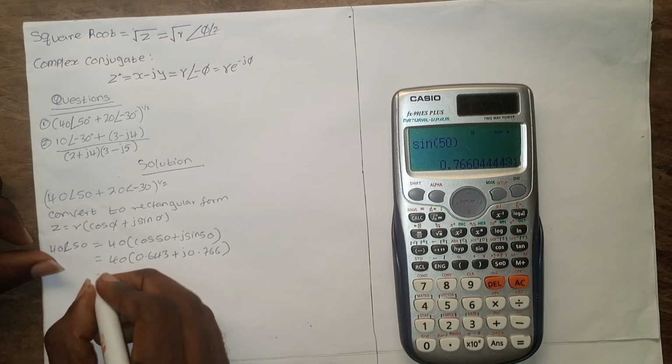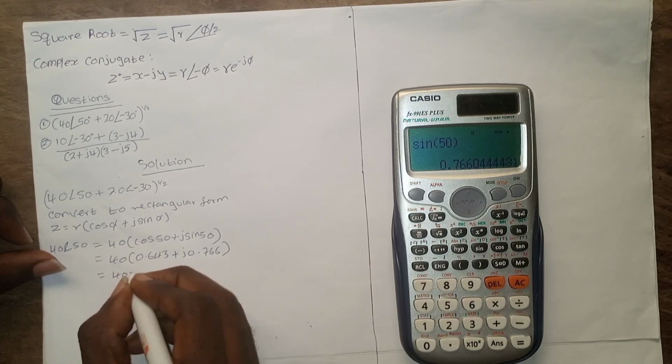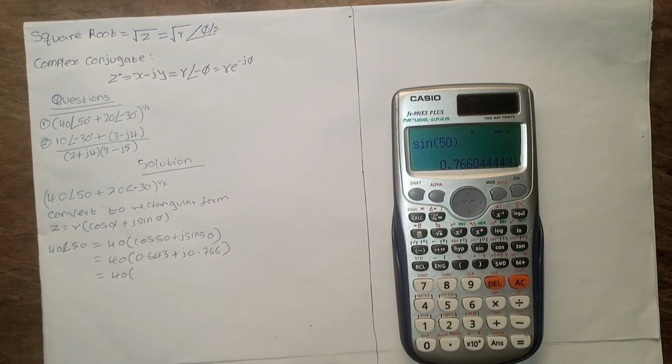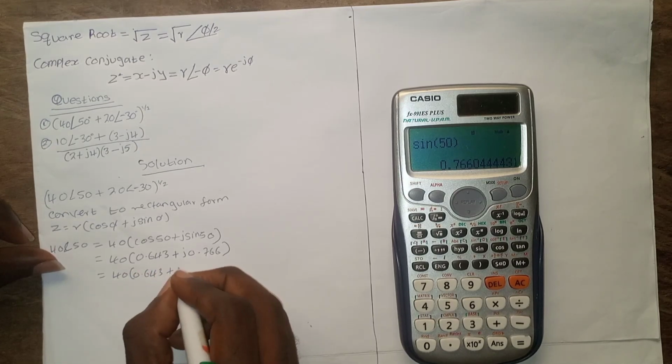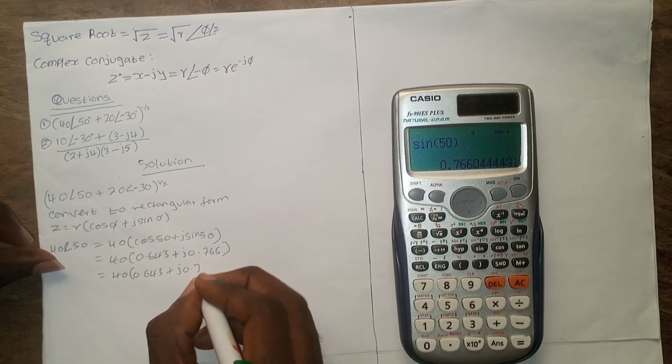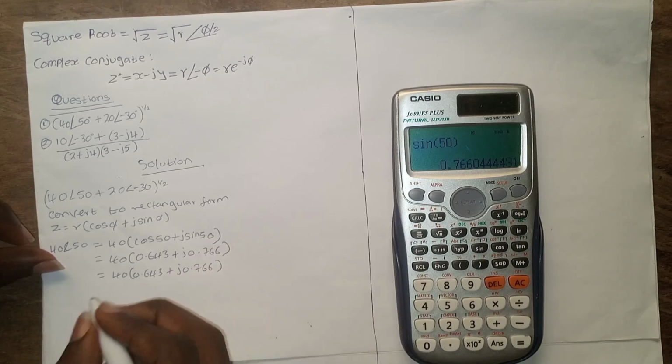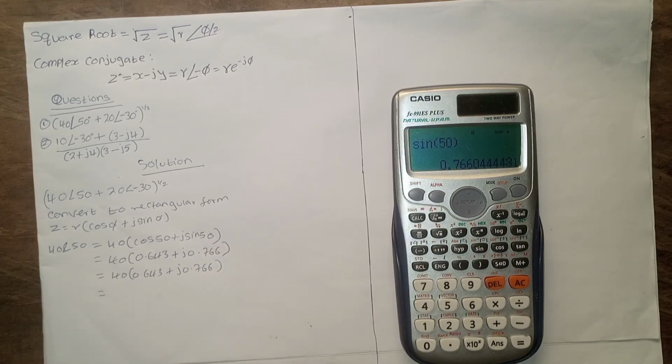So it is still equal to 40 open bracket 0.643 plus j 0.766, close the bracket. In our next calculation, we are going to multiply this bracket with this 40.